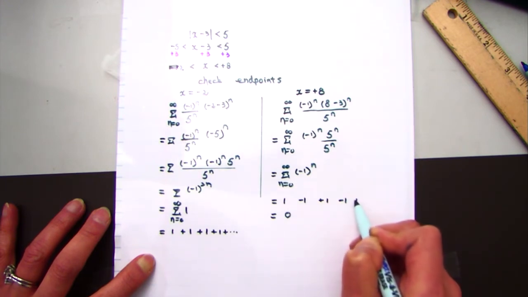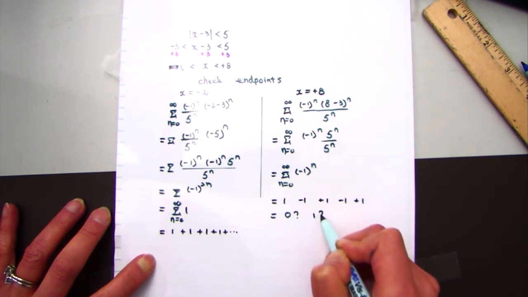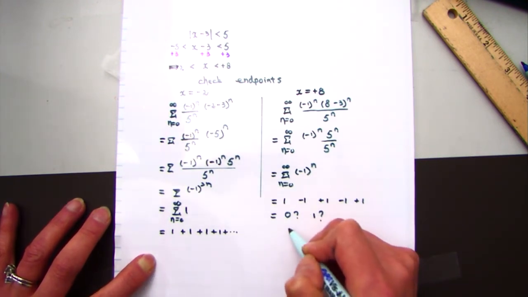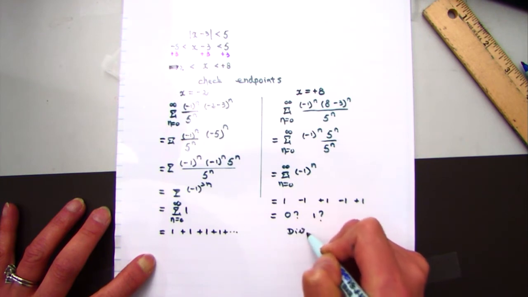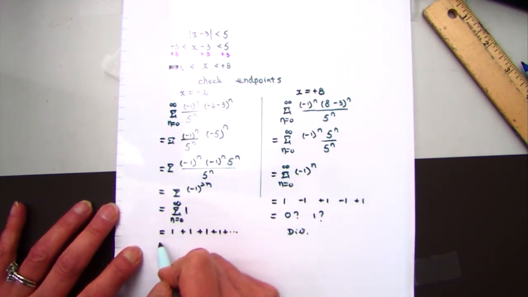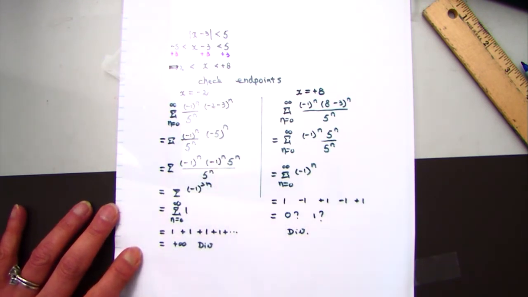But what if I take one more? So this is divergent. And what about here? You keep on adding 1 non-stop, you're going to add up to positive infinity. So ladies and gentlemen, both diverge.